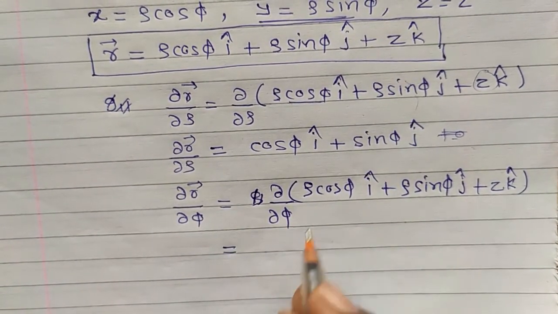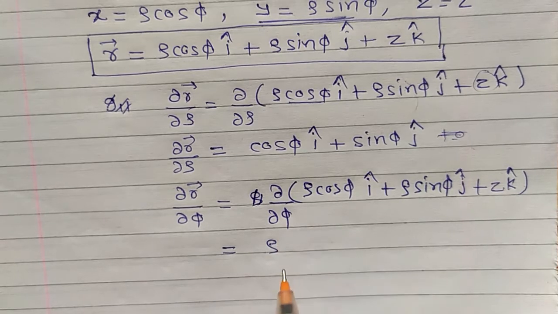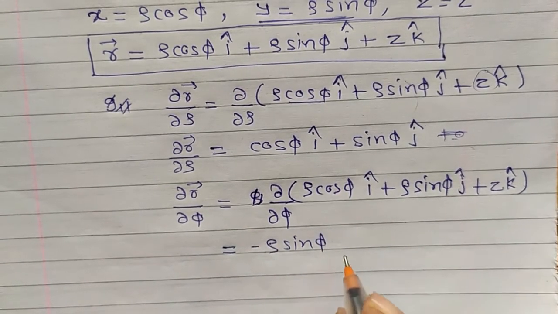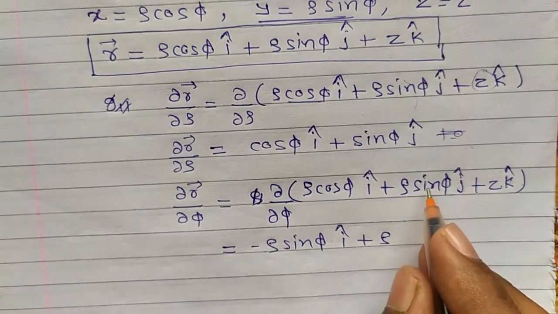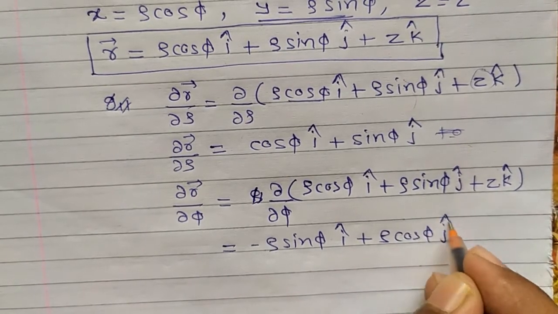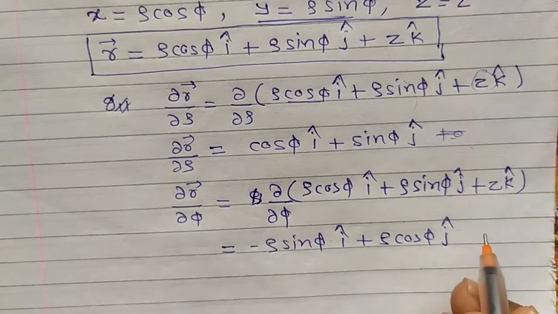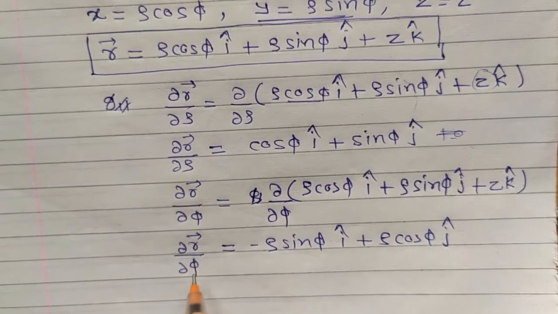If I differentiate this, rho is a constant, so it will be outside, because this time I am differentiating with respect to phi, and the derivative of cos phi is minus sin phi, and I cap will be as it is, plus rho, the derivative of sin phi is cos phi, j cap as it is. The derivative of z with respect to phi is 0, so it will not be here. So this is for delta R bar by delta phi.